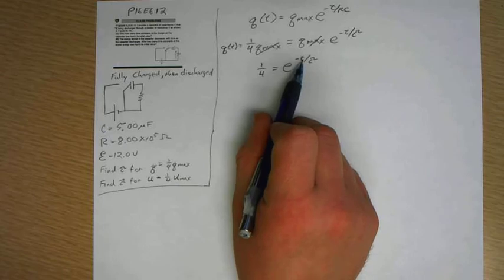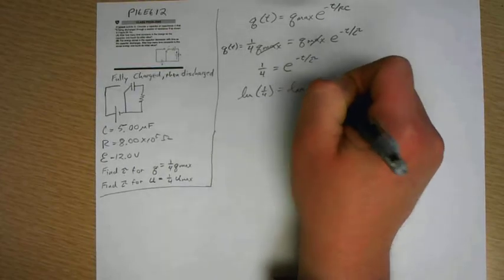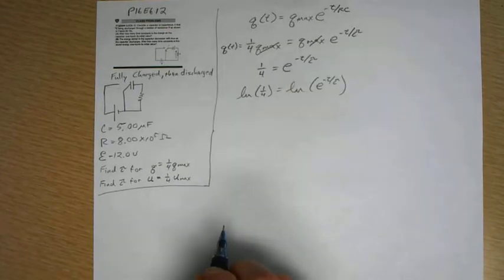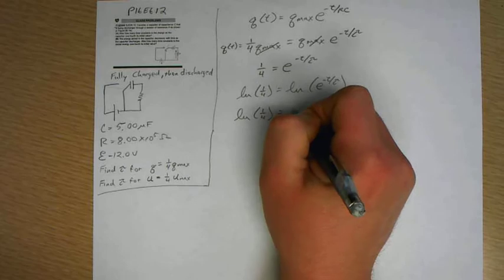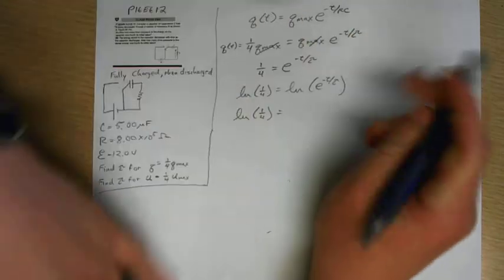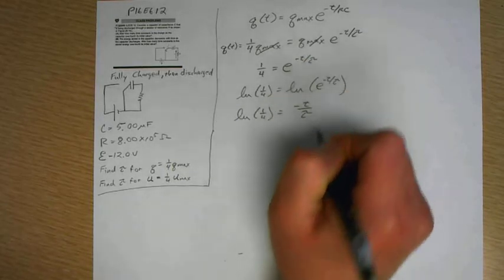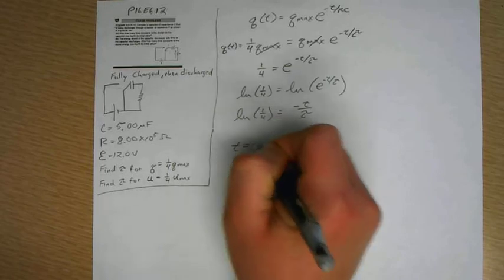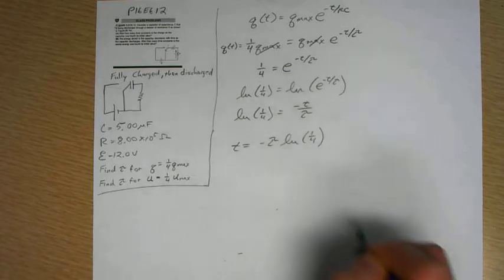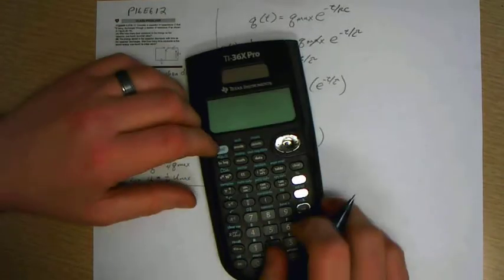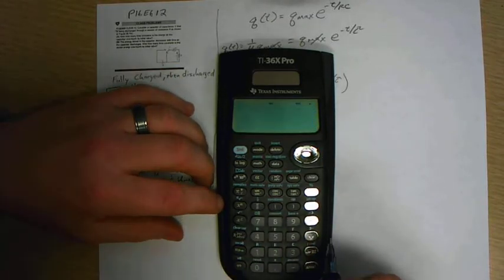Now I need to isolate t. We're solving for t, so I'm going to take the natural log of each side. Can't simplify that. The natural log is the inverse of the exponential, so that gives us negative t over tau, or t equals negative tau times the natural log of 1/4.